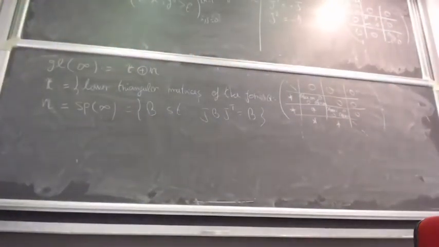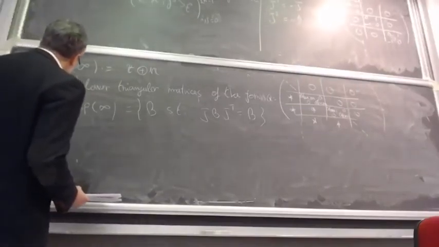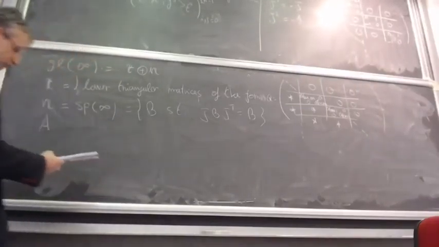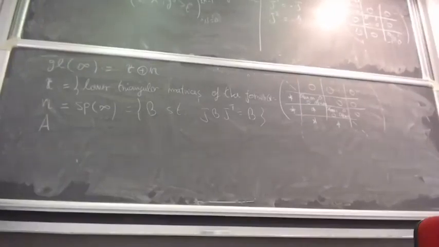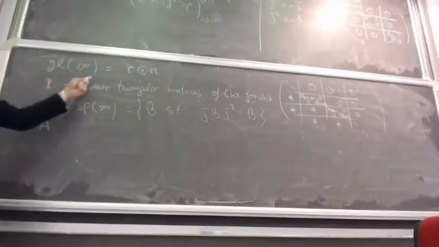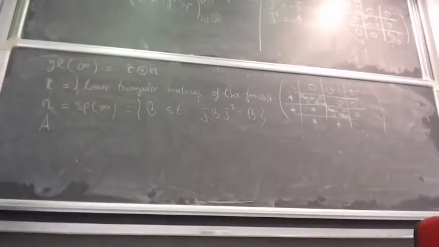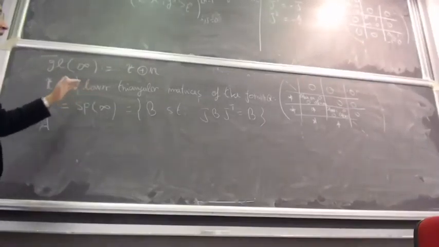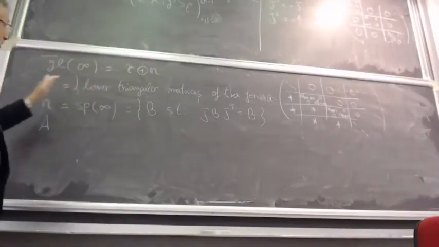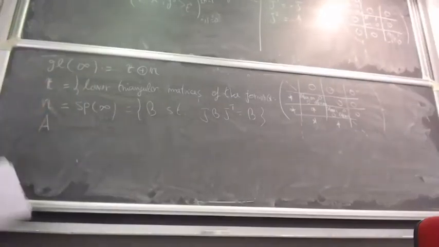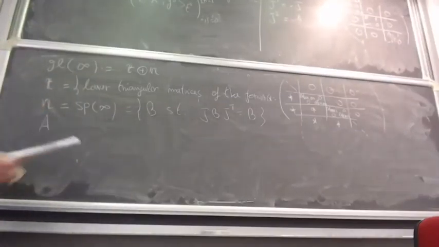Now, given a matrix A, we want to define how we calculate this T component and the N component.